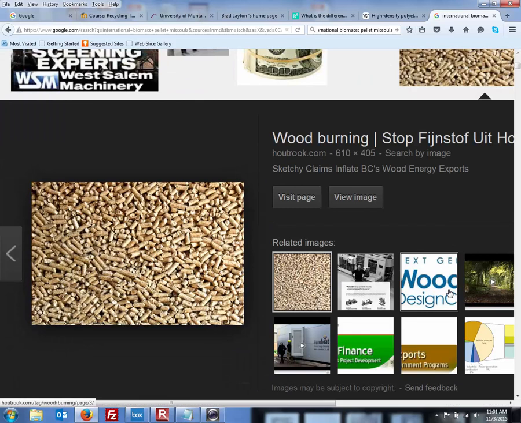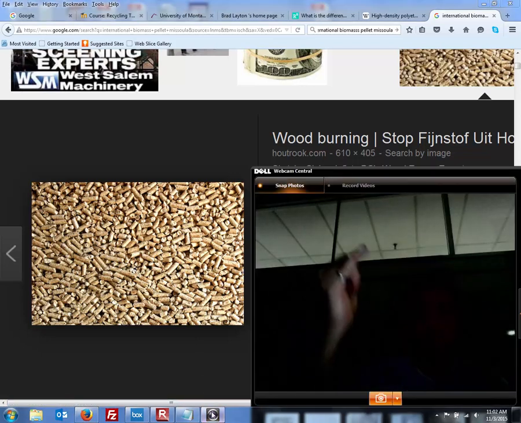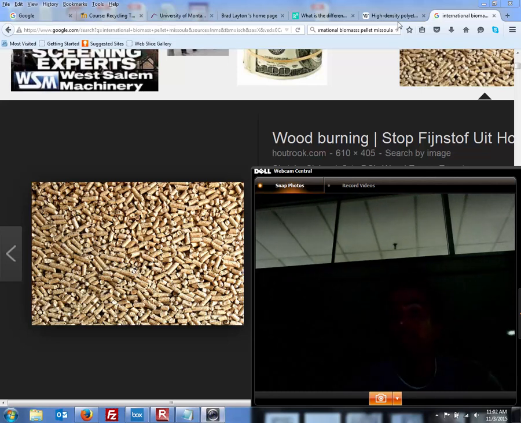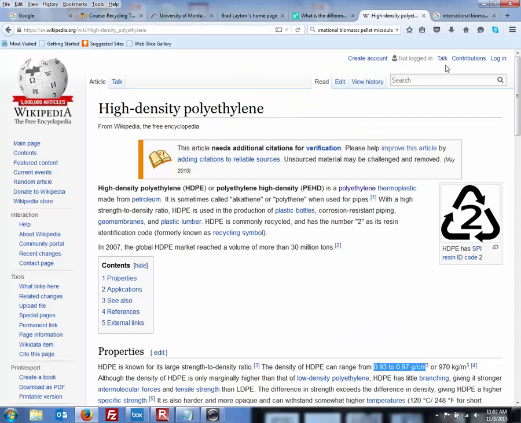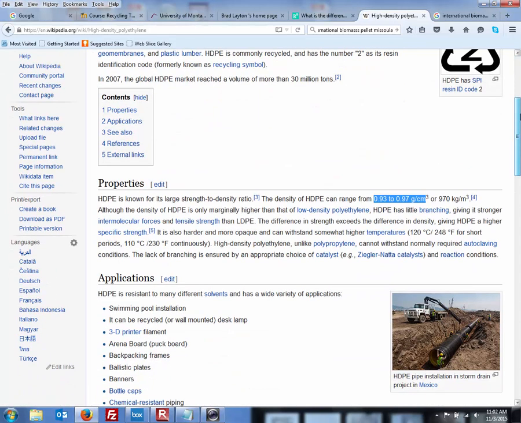You've all seen the wood stove pellets, and that's more or less what this is. The international biomass pellet is bigger. Whereas the wood stove pellet's maybe as big as your pinky, the international biomass pellet is more cigar shaped, maybe an inch in diameter, and it's got this high density polyethylene embedded with it.